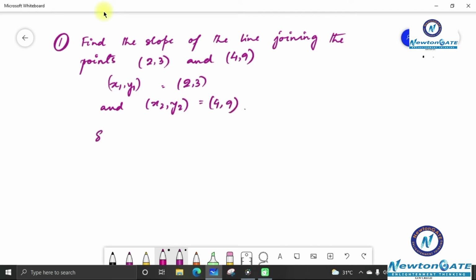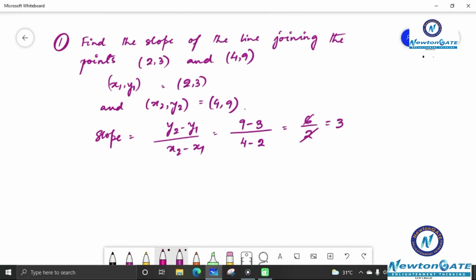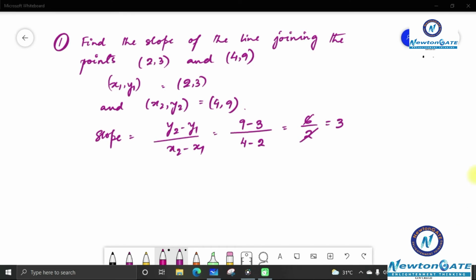So, the slope of the line according to the formula is y2 minus y1 by x2 minus x1, which means 9 minus 3 divided by 4 minus 2. So 6 by 2, cancel it out. So we have the slope 3. So this is the slope of the line.